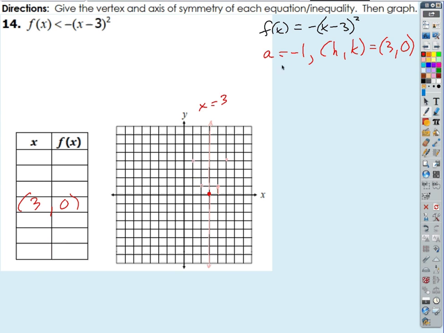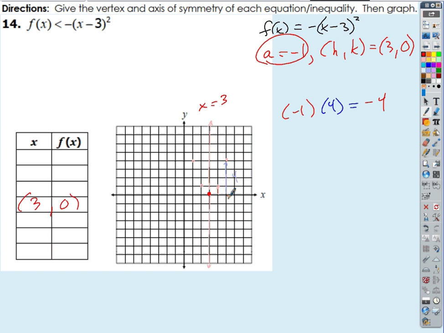But I'm going to multiply all of my heights by -1. So for example, instead of going over 2 and up 4, I'm going to go up 4 times -1, right? I multiply the regular parent heights by a. So -1 times 4 equals -4.